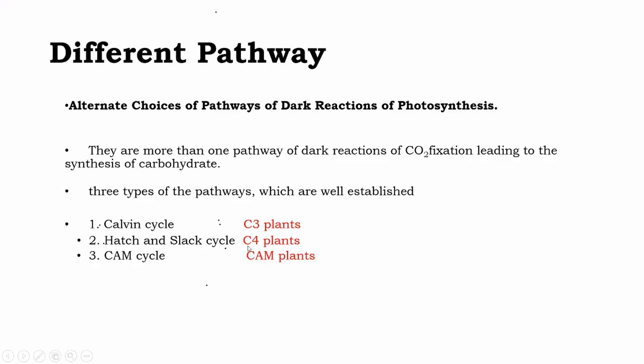The Hatch and Slack cycle is the C4 cycle, whose end product is a C4 plant. Then the CAM cycle is crassulacean acid mechanism. So this is also a carbon derivative. All these three cycles I want to teach you today.